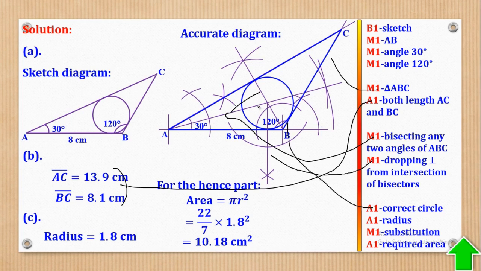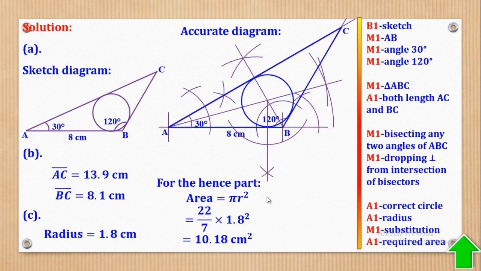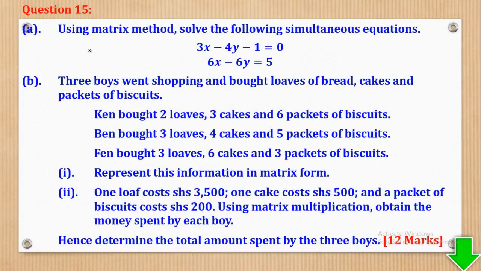So this dropping perpendicular has to be seen. A1 for the radius, M1 for the substitution, A1 for the required area. So that was question 14.